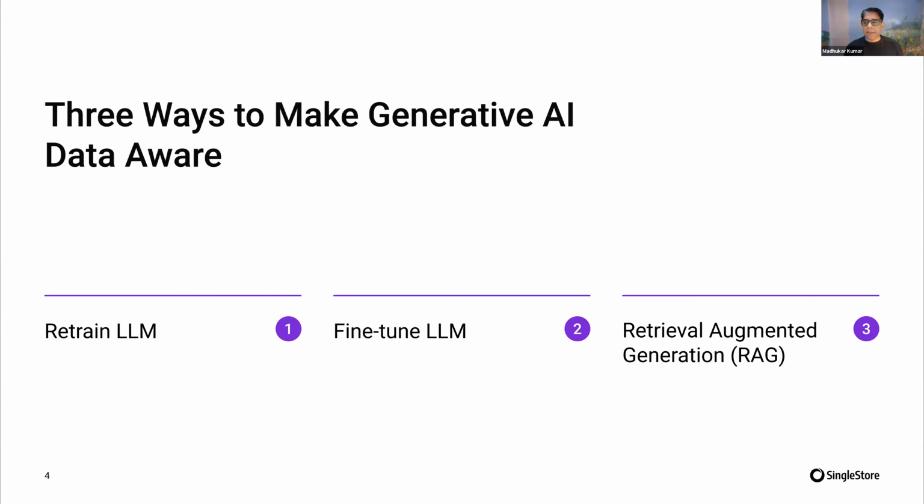So even today, there are 3 different ways you can potentially make that LLM aware of your data. First is you retrain your large language model. That actually is not a very easy thing to do because it costs millions of dollars. It requires GPUs.